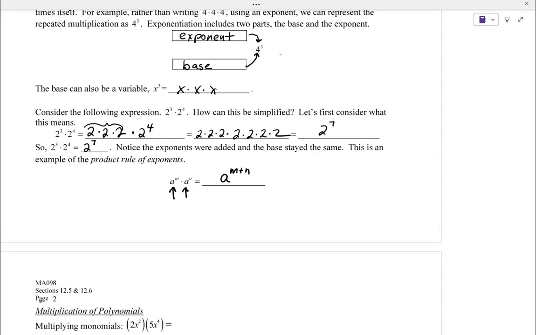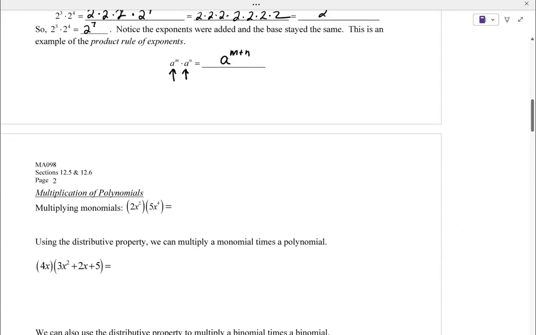Okay? So let's look at this first example. I'm actually going to rewrite it first and then simplify it. You don't have to do this every single time. I just want to illustrate what's going on. I have 2 monomials together, and I'm going to multiply them.